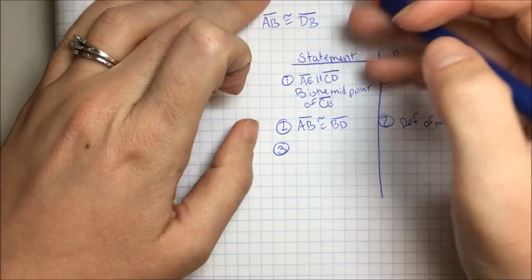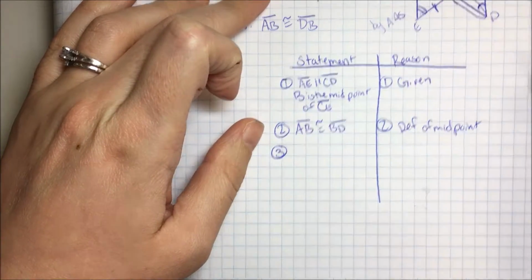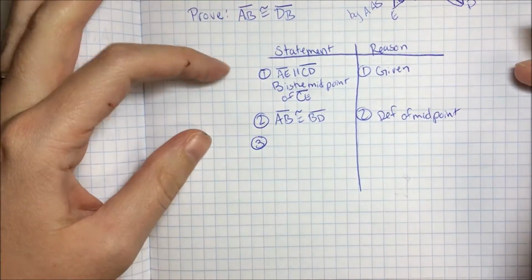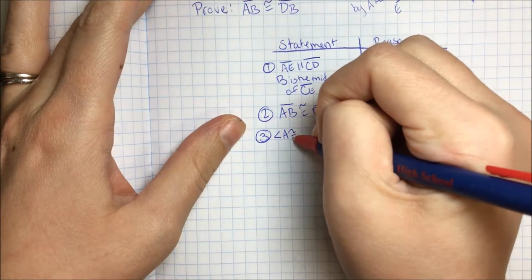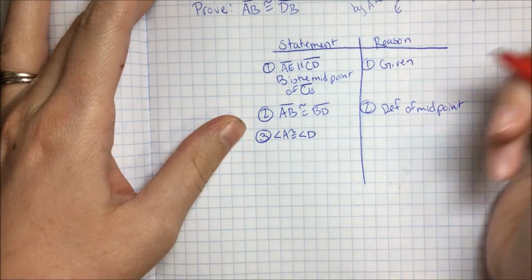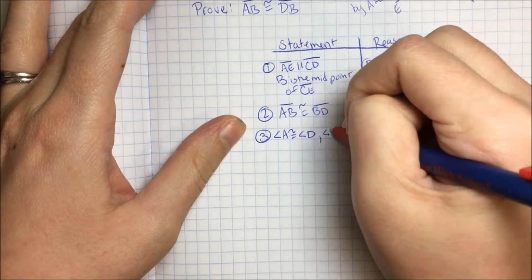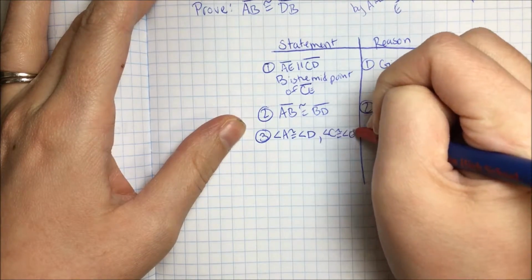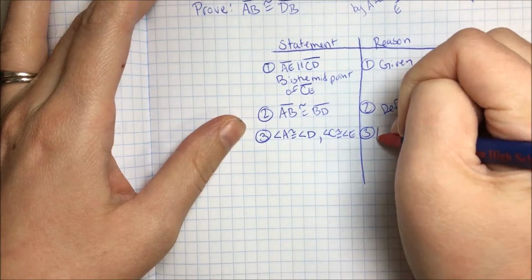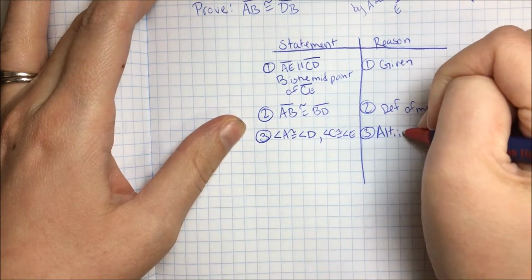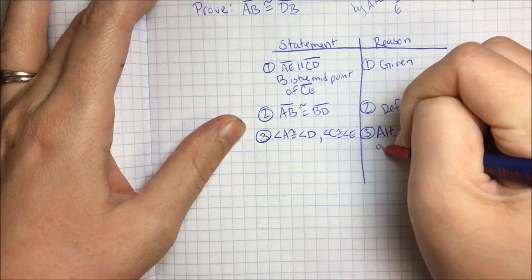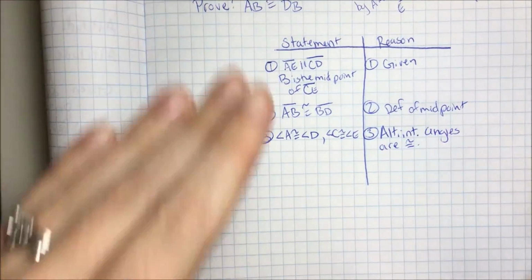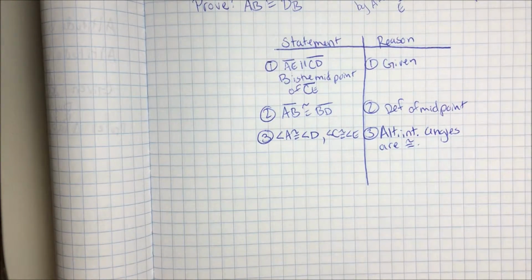I'm going to go back to this idea of parallelism and use that. So I'm going to say that angle A is congruent to angle D, and angle C is congruent to angle E. Alternate interior angles are congruent.